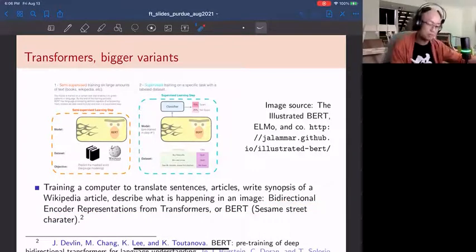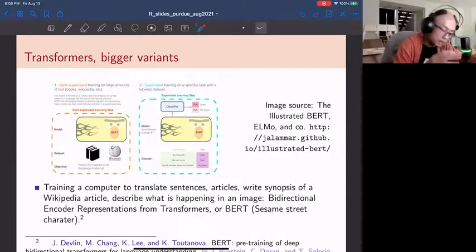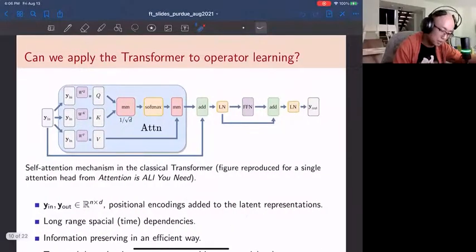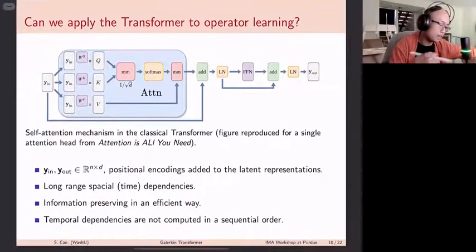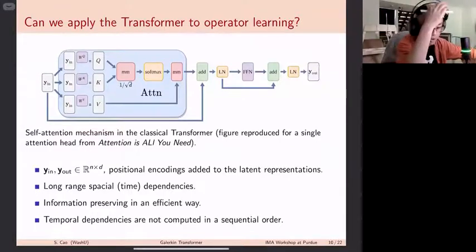The smallest BERT has 80 million parameters, so it's very big, but let's play with it. This is a figure I reproduced from the original transformer paper to better represent its math.